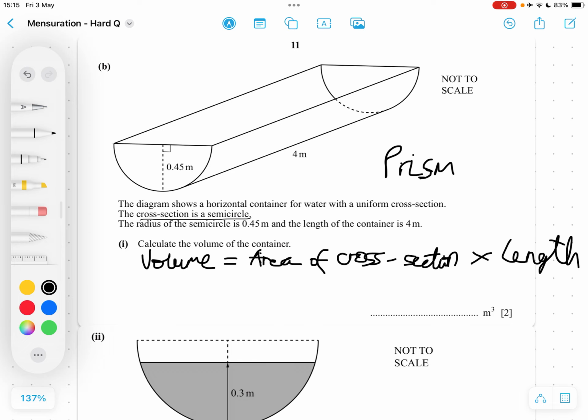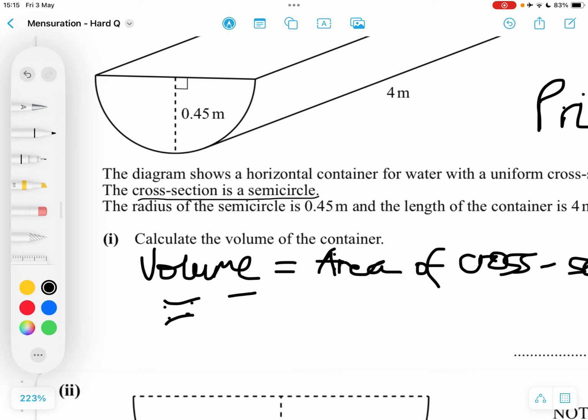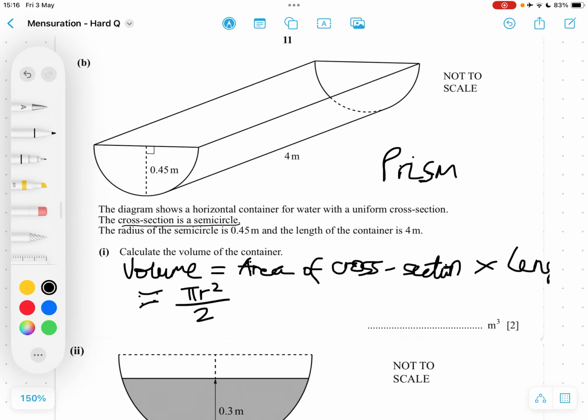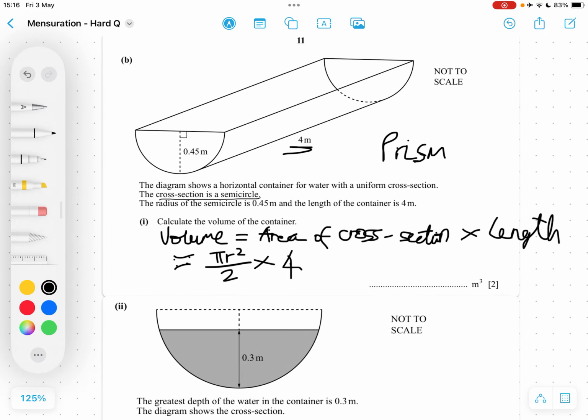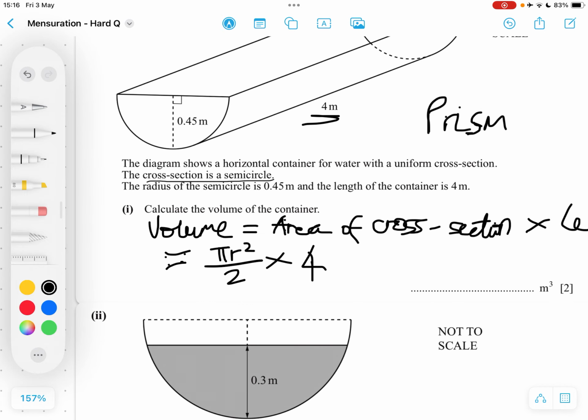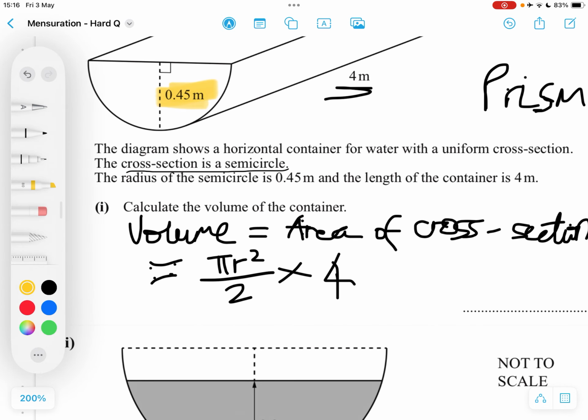So the area of the cross section: you should know how to find the area of a semicircle. The area of a semicircle is equal to pi r squared over 2. That's the area of a circle divided by 2. And then multiplied by the length, which is 4 meters here. So now we can substitute the value of r, 0.45.